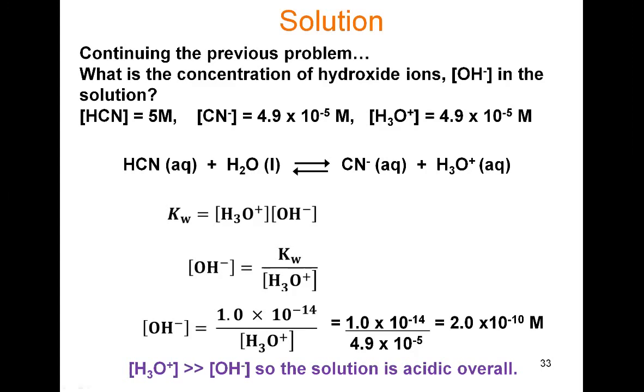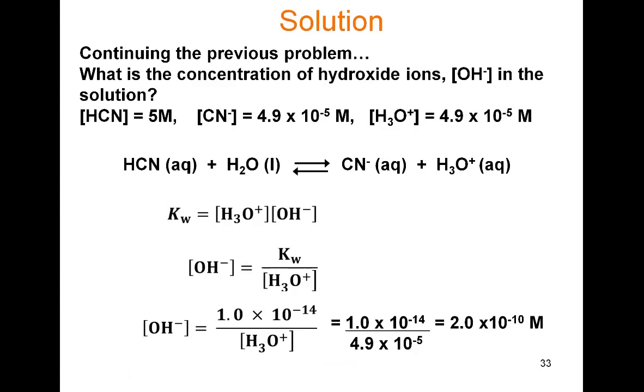So we need to decide if it's acidic or basic. Again, you look at the hydroxide ion concentration. It's 2.0 times 10 to the negative 10, which is a very small value. But the hydronium ion concentration is 4.9 times 10 to the negative 5. 10 to the negative 5 is a larger value than 10 to the negative 10.